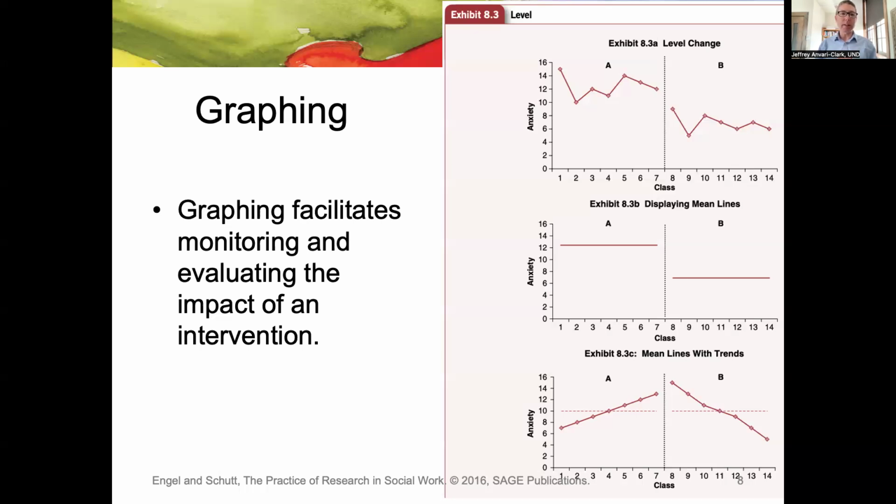And we see that overall, the anxiety levels during baseline A were generally higher than they were during B. And we've got different ways of calculating or demonstrating it, but we see that on average, they are lower after the intervention, or they trend lower. Okay? So this provides a way of understanding and evaluating how successful the treatment was.